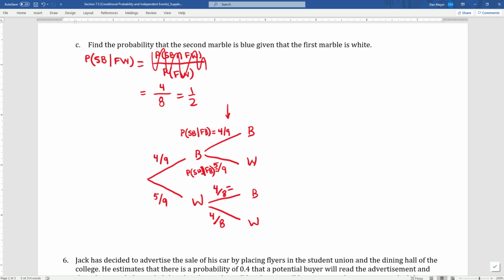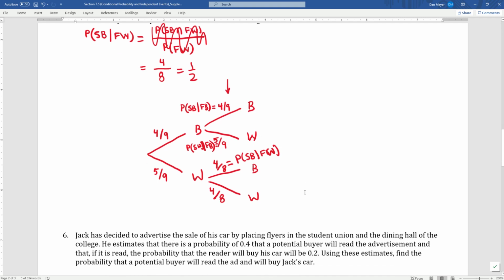This one right here is the probability that the second is blue given the first is white. That's what we found in part C. And then this last one down here would be the probability that the second is white given the first is white.